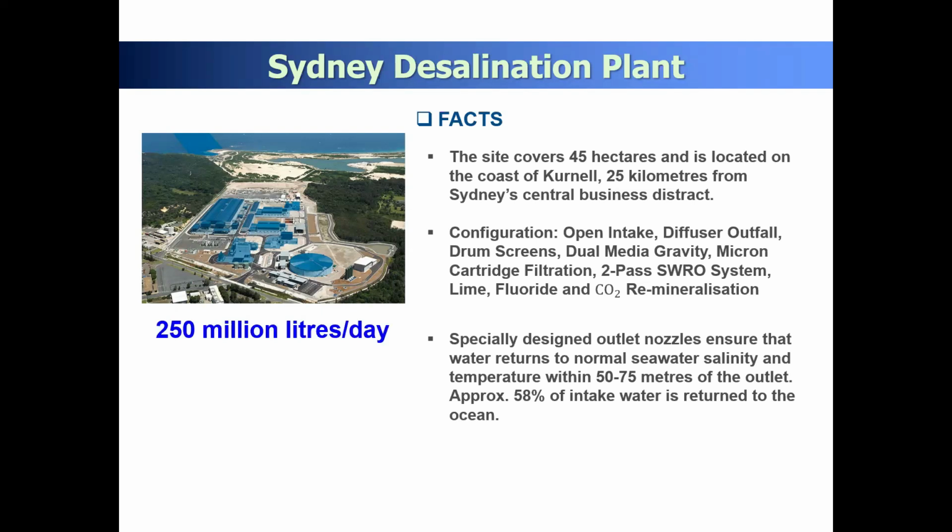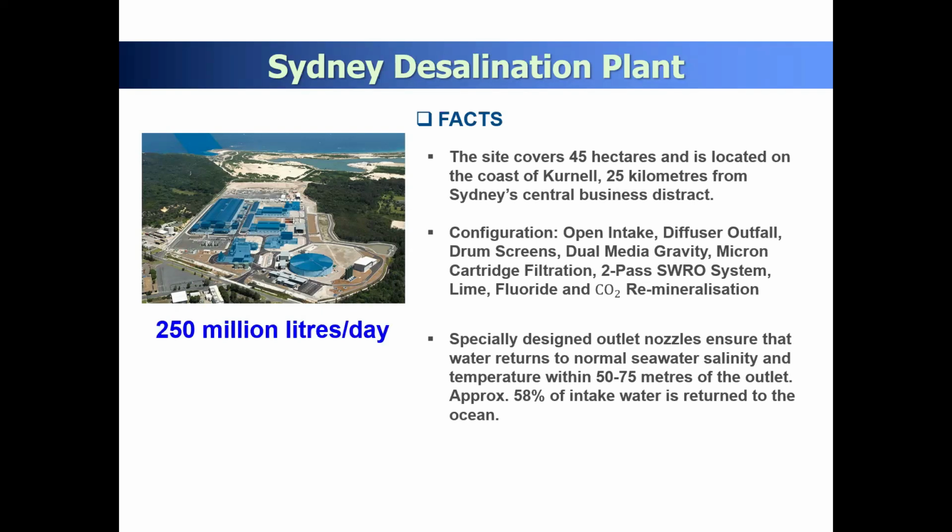Specifically, the outlet modules are designed to ensure that water returns to normal seawater salinity and temperature within 50 to 75 meters of the outlet. Approximately 58% of intake water is returned to the ocean, which means you have a 42% recovery rate. So you collect 42% as drinking water and 58% is discharged back to the ocean.